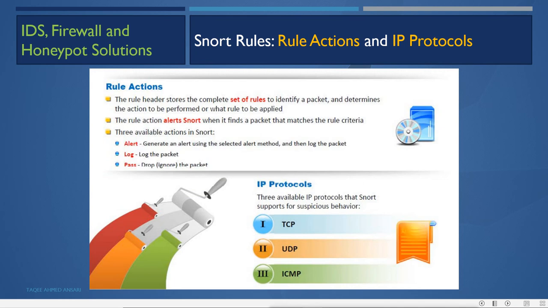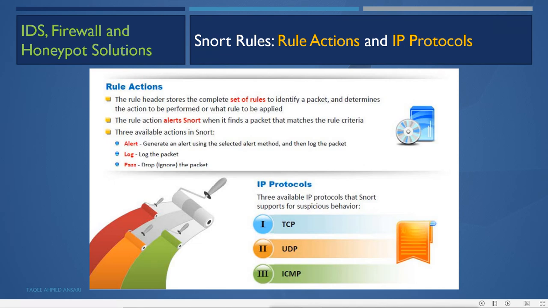So in Snort rules we have two things, rule action and IP protocol first. First, the rule action. This rule header stores a complete set of rules to identify a packet and determine the action to be performed or what rule to be applied. The rule action alerts Snort when it finds a packet that matches the rule criteria.